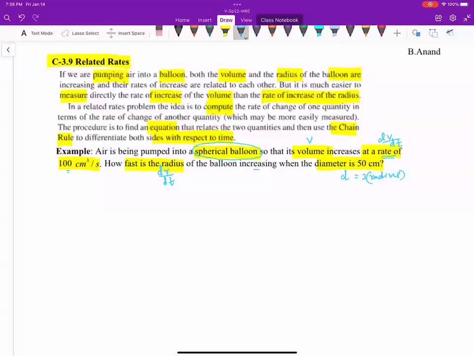So let's start off with the volume of a sphere, which is 4 by 3 pi r cube. We'll denote that volume by the variable V. V equals 4 by 3 pi r cube.